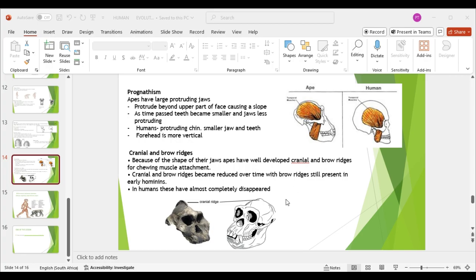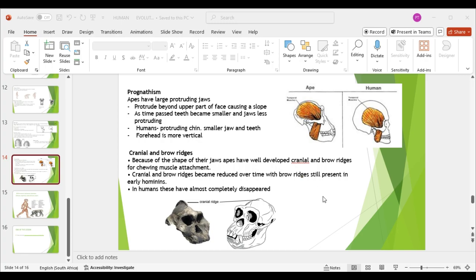Coming to the cranial brow ridges, because of the shape of their jaws, apes have well developed cranial brow ridges. In apes, there are more brow ridges because they use them for chewing muscle attachment.